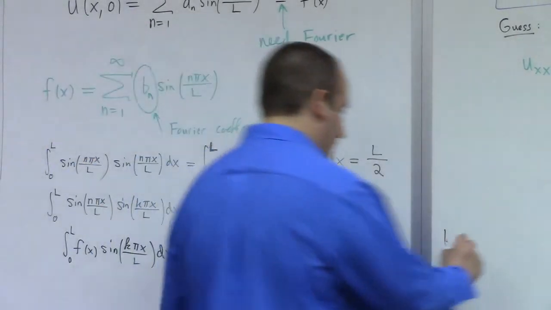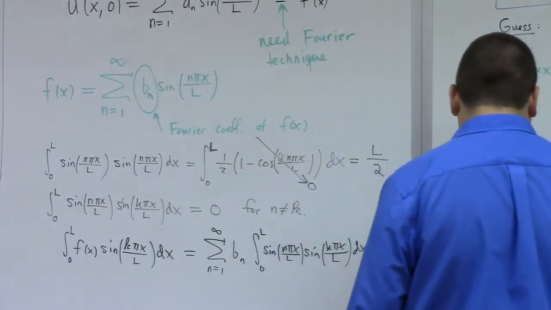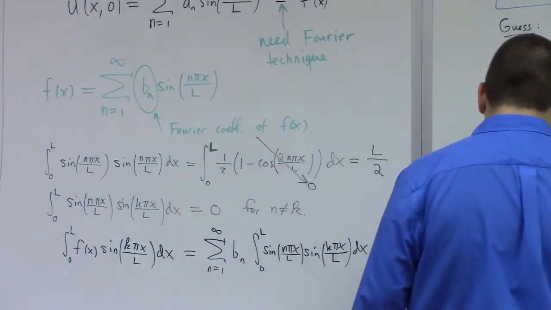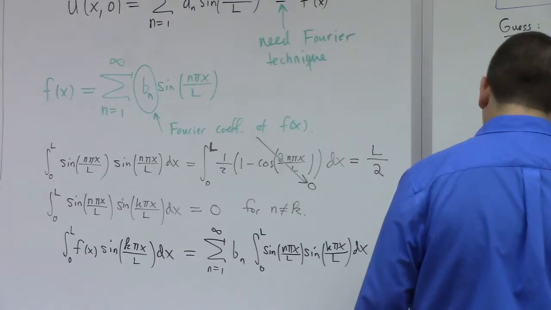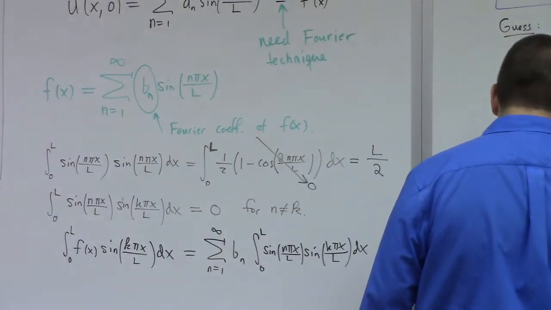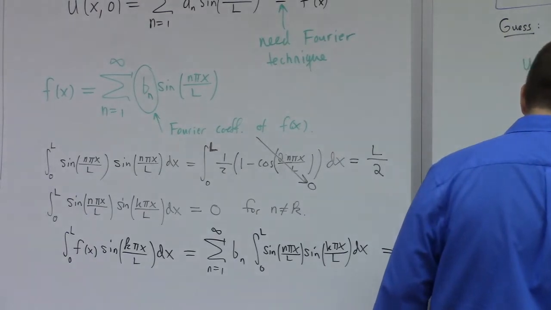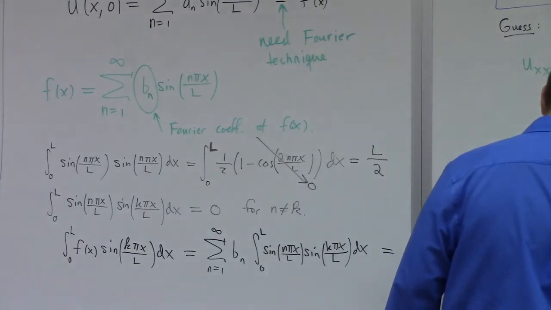And so I find the formula for the Fourier coefficient b sub k is equal to 2 divided by L, integral from 0 to L, f of x sine of k pi x over L dx.